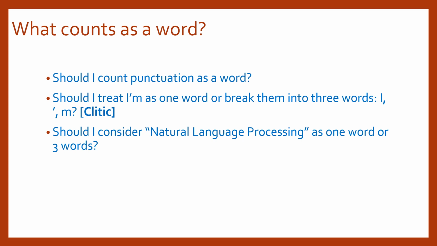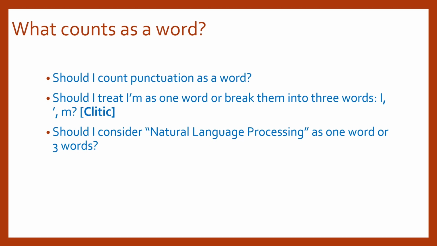In the case of I'm, this is the way it is written. It's called a clitic. A clitic is basically a part of a word that does not have its own meaning unless attached to another word.